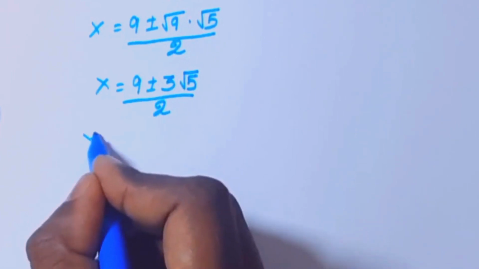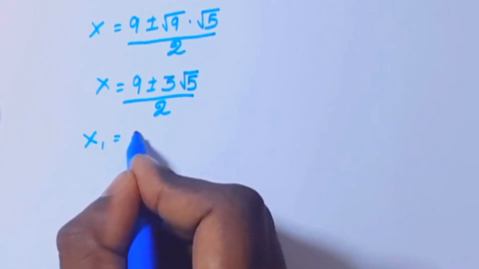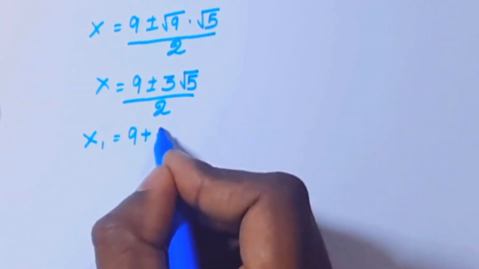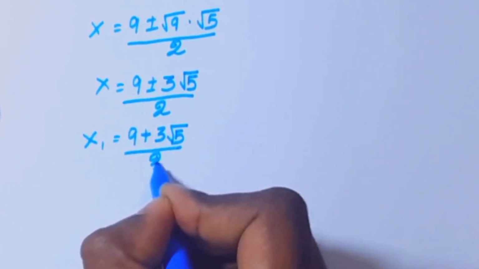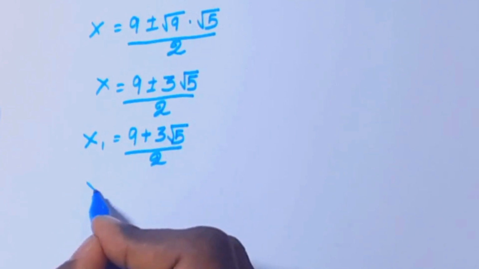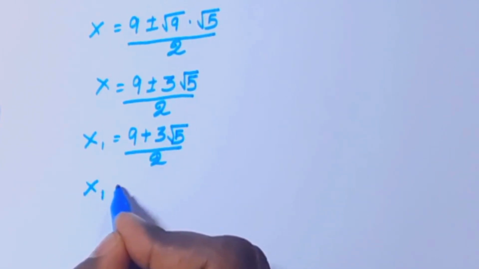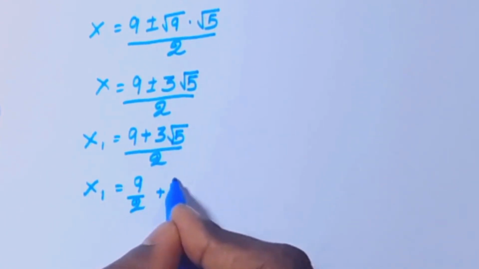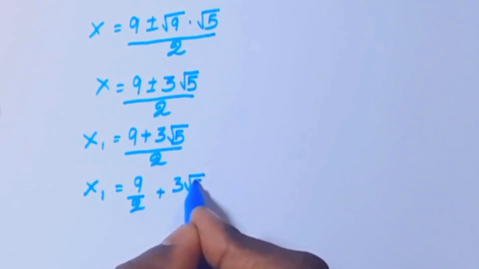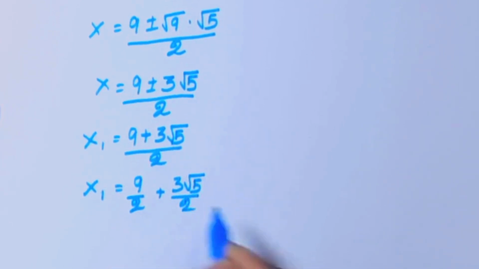Now we know that x1 is 9 plus 3 square root of 5 by 2. This can be written as x1 equal to 9 by 2 plus 3 square root of 5 by 2.